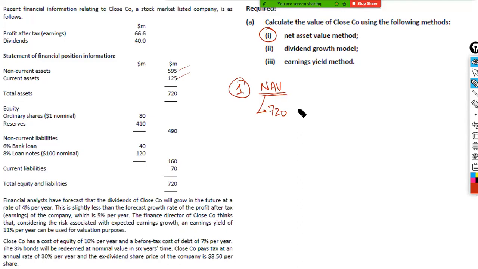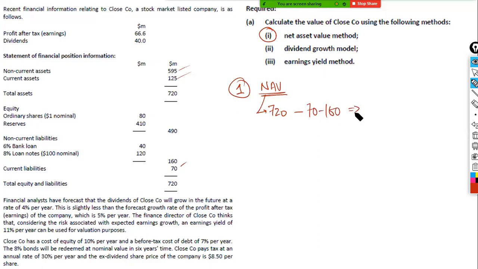There are no intangibles that I had to deduct, so I'm directly deducting the liabilities. So 720, and the liabilities that have been given to me are 70 current and 160 non-current. So 720 minus 70 current minus 160 non-current.